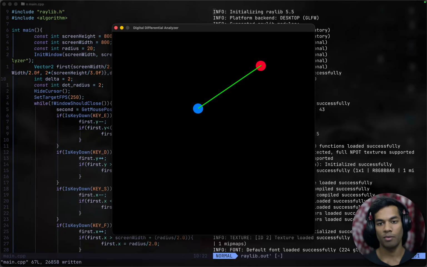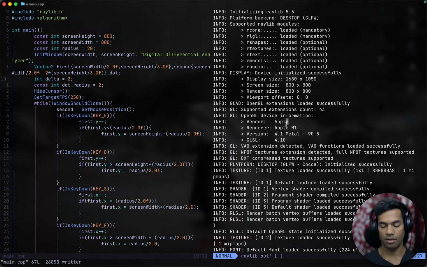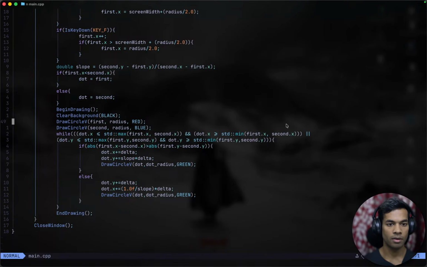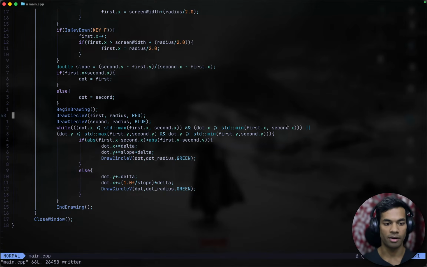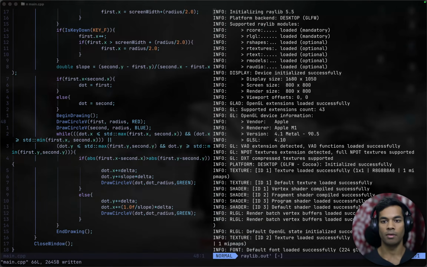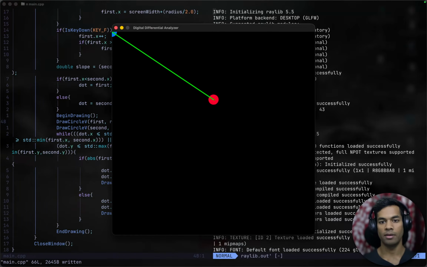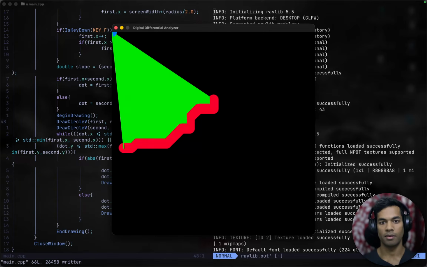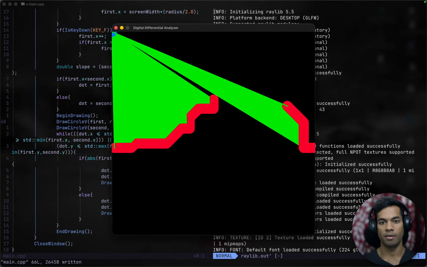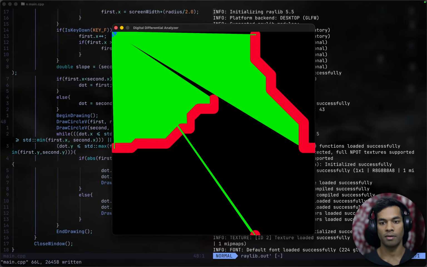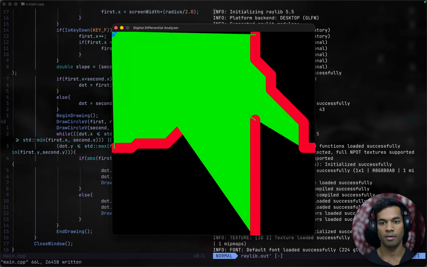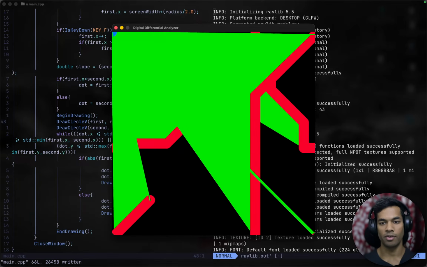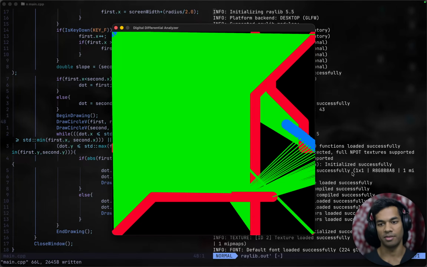And we can do an amazing thing here. If we remove the clear background function, we will get this. And yeah, we are redrawing the whole, yeah, this something.